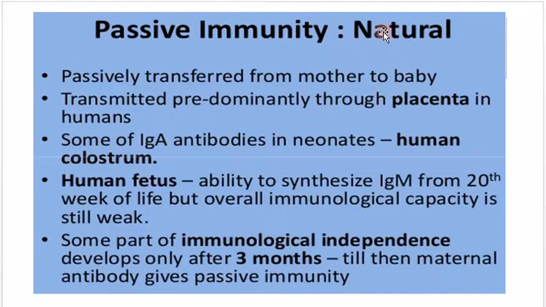Now passive immunity is the use of colostrum, and from the mother's placenta antibodies or certain protective chemicals keep passing to the baby. Again, the mother's milk contains IgA, which is immunoglobulin A. This immunoglobulin A is very useful in protecting the growing baby from other pathogens.